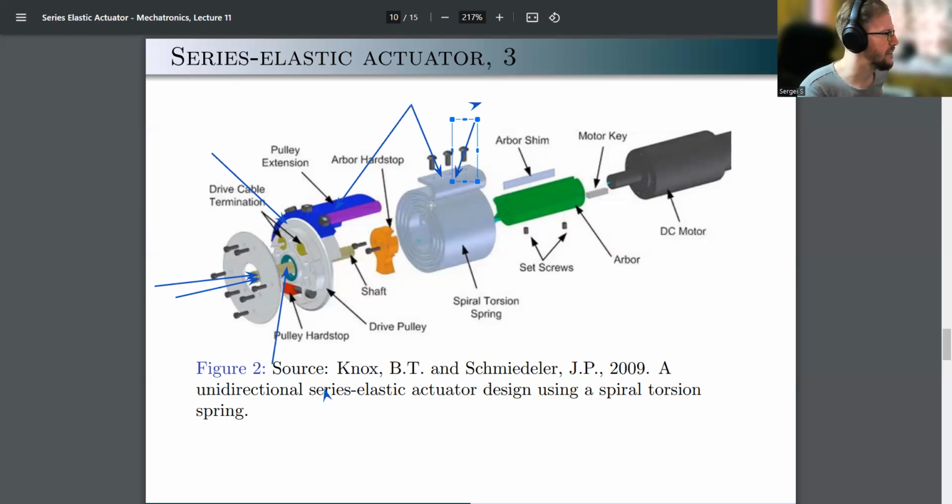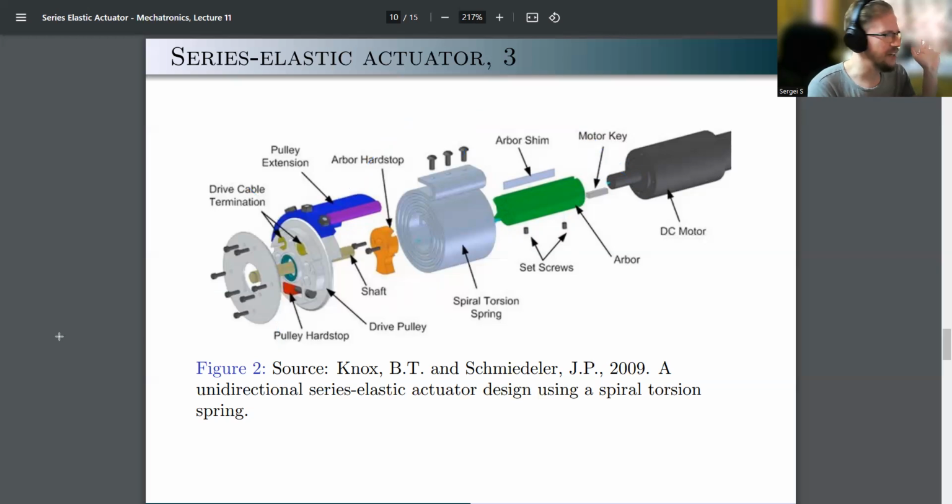And this guy is the output of the spring. So there's a spring between the motor shaft and the output shaft, and this is the guy. Right. Good. So this is an option for how you can construct a series elastic actuator. Of course, there are other ways to do it, but this is one of the ways. Series elastic actuator.